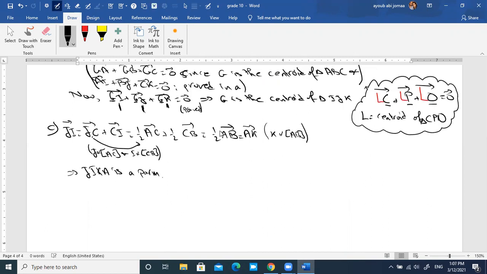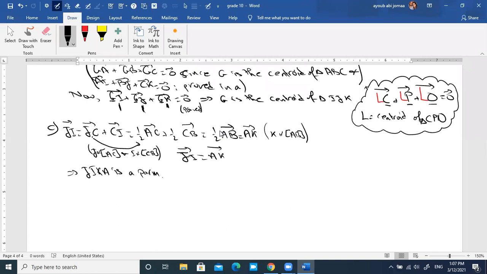Okay. Here you don't have to write a reason. I see some people writing, for example, opposite sides are parallel and equal. No need to write it. This is a property in vectors. You have JI is equal to AK, then JIKA is a parallelogram. Don't write anything from the vectors. Right.